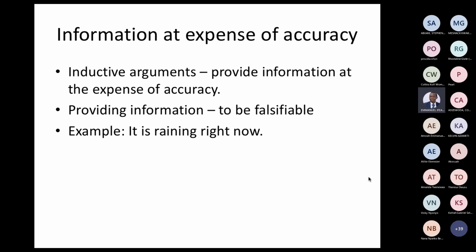It can be falsified. So that's what we mean when we say that inductive arguments provide information at the expense of accuracy. And whenever you provide information, the information you've provided is what we call falsifiable.